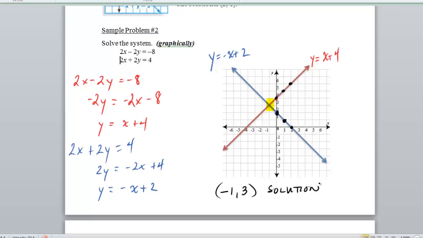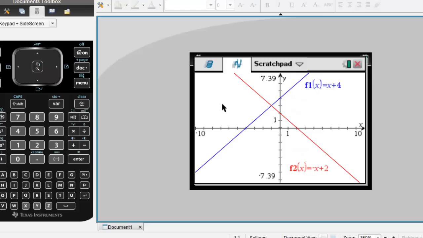Now, there is a way to check this on your calculator, so I'm just going to transfer over to the calculator. And you can see that I've already graphed both of these lines on the calculator. If you haven't done that yet, go ahead and pause the video and graph both of these lines on your calculator. Now, what you're going to find is maybe you can't tell that that's back 1 and up 3, and you're unsure of where that point of intersection is.